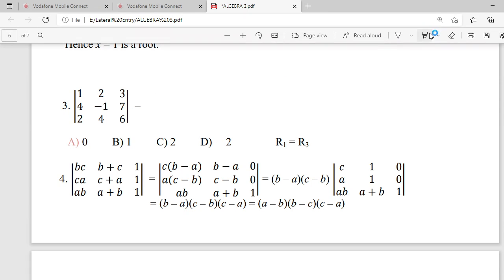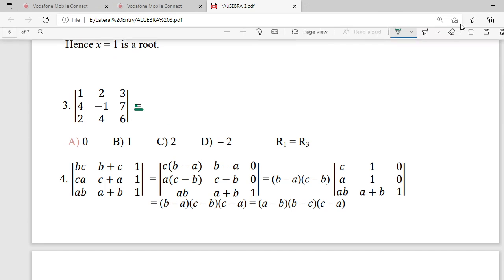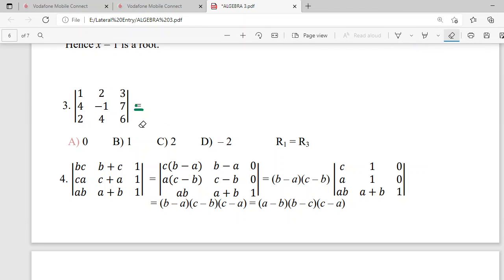So you find the determinant of this, and this property is here.